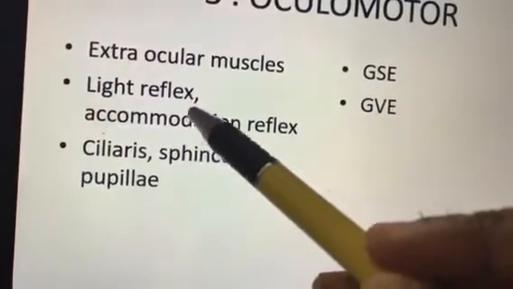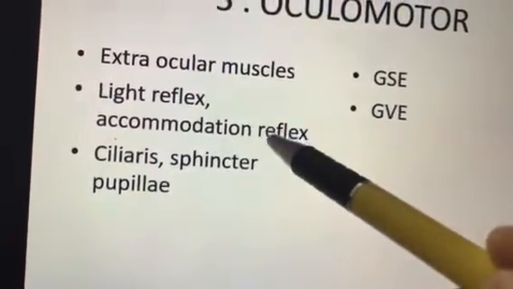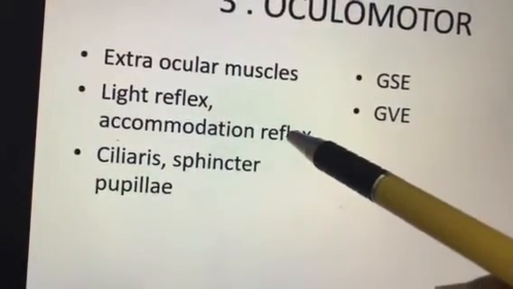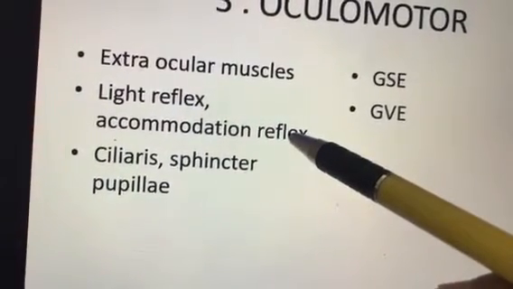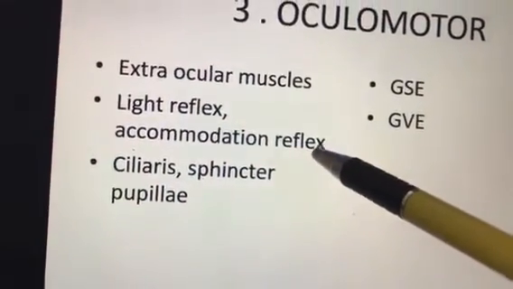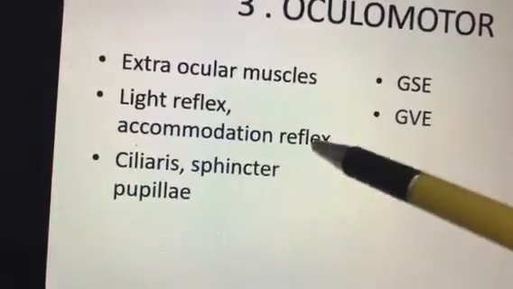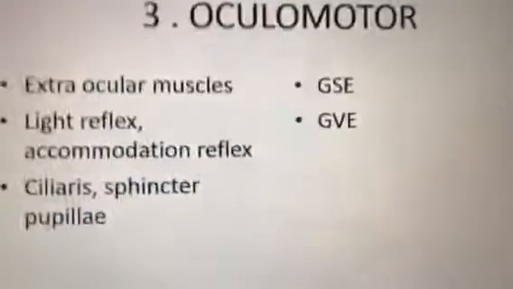So it is general somatic efferent. And then if you see the light reflex and the accommodation reflex, it is related to the lens and ciliaris muscle, dilator pupillae and sphincter pupillae. Dilator pupillae and sphincter pupillae are not attached to any bony skeleton. They are attached to the lens and the sclera. These are all reflexes, so it should not be called skeletal muscle.